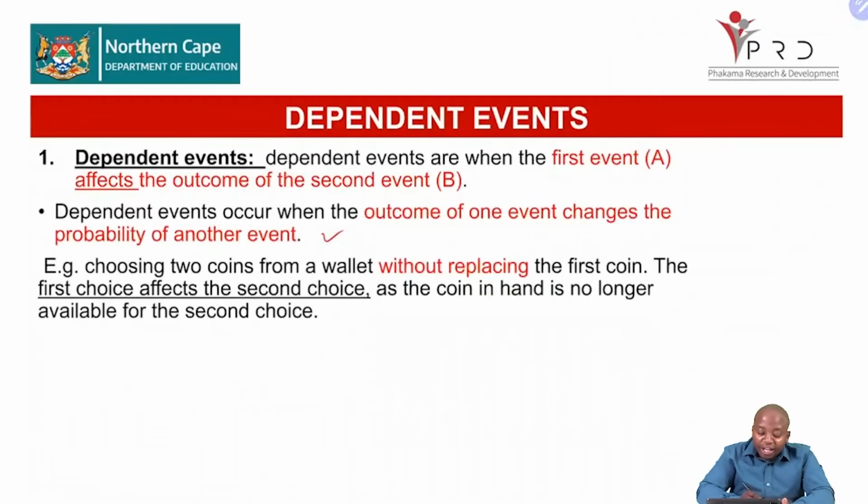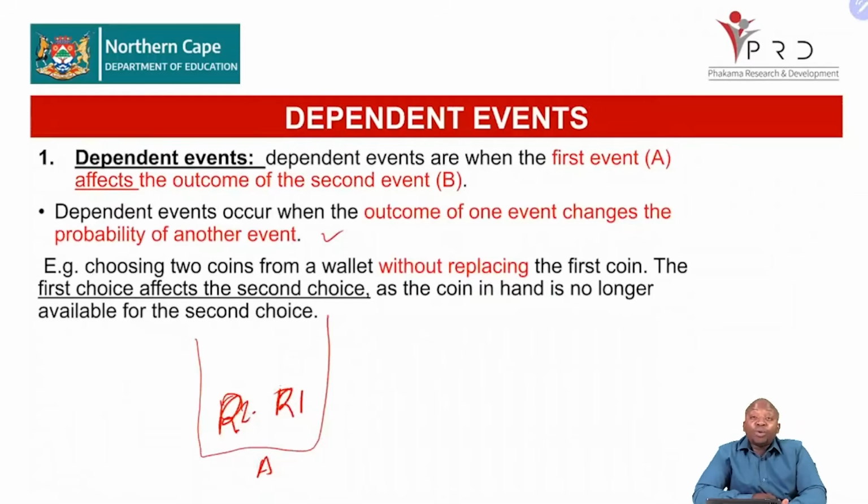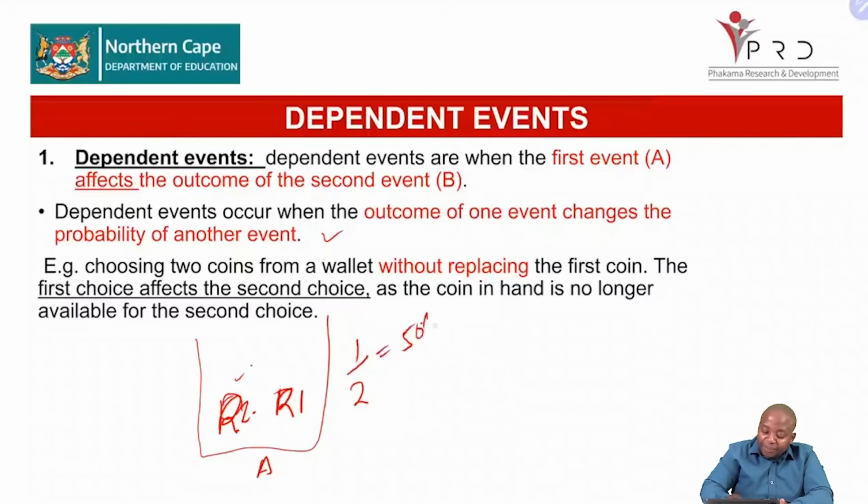That is to say, in the example that we've used, we had two coins. One was an R1 coin, and the other one was a two-rand coin. So in my first event, the probability of selecting the two-rand coin is going to be 1 over 2, because I have two coins, which is 50%. Now, I take out one of the coins.